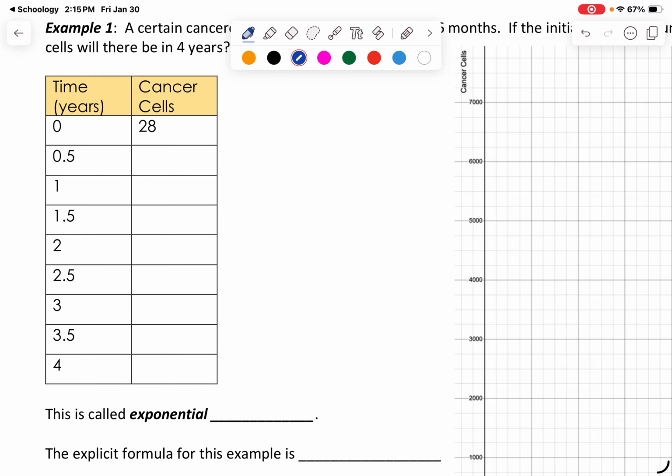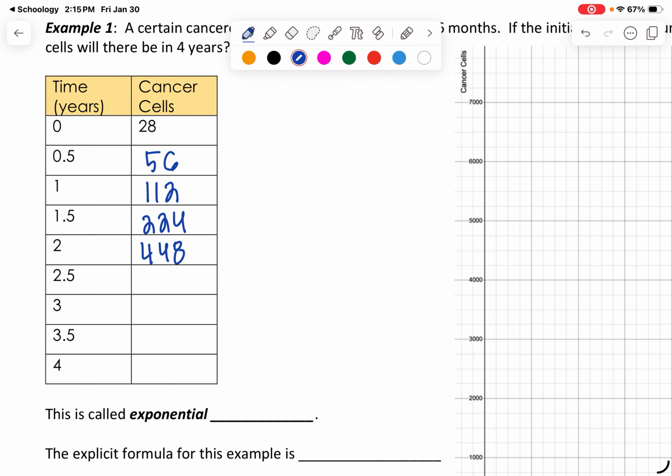All right, so after 0 years, 28. When it first started, it was 28 cells, right? And then after 6 months, a half a year, it doubled. So that's 56. And then 6 months after that, it doubled again. So that's 112. 6 more months have passed, and it's doubled again, 224. Double that, 448.